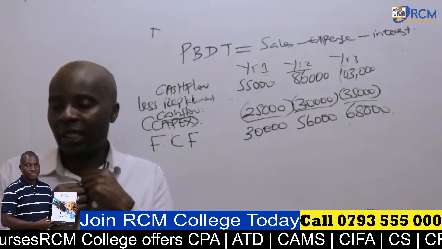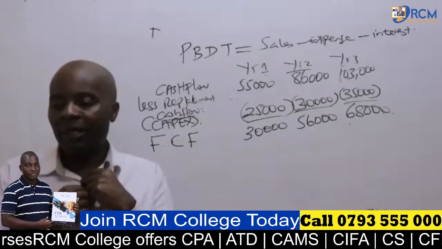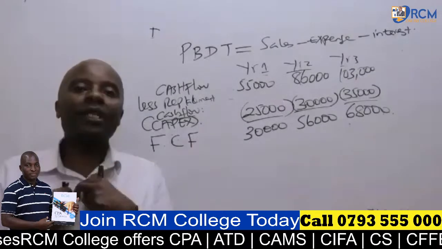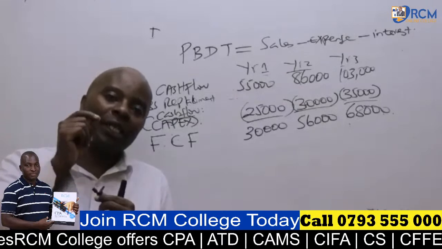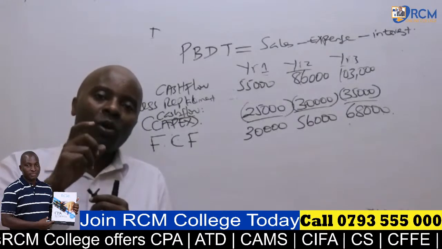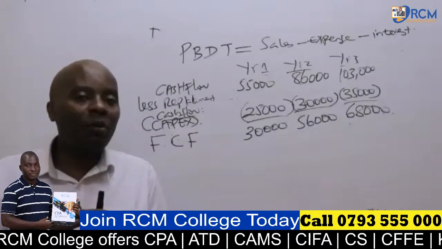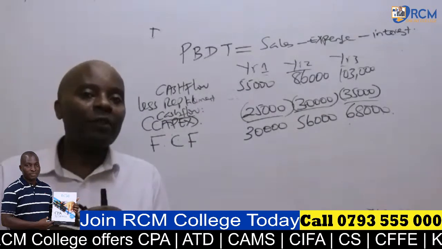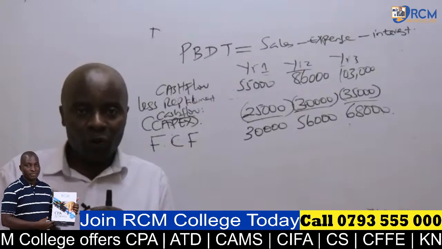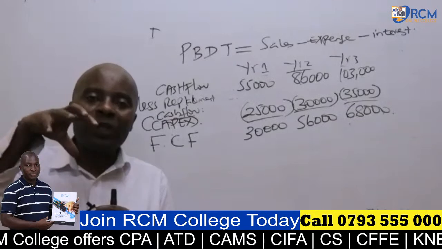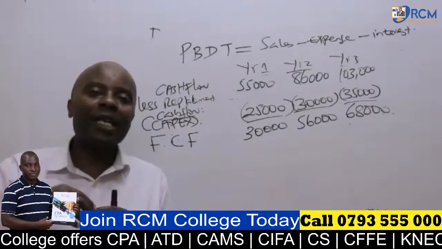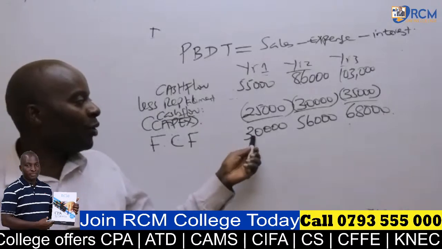Teresa George is asking, why less replacement at the end? I started by telling you, ladies and gentlemen, that at the end of the day, after you generate your cash flows, it is not all those cash flows that will be available to the shareholders for taking out of the farm. After we get our cash flows, we need to retain some money to buy assets, to replace the assets which were used to generate these cash flows.